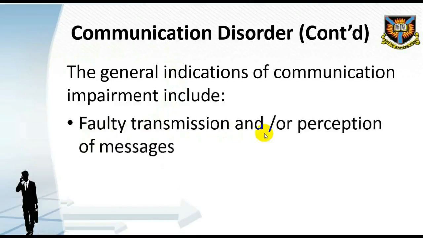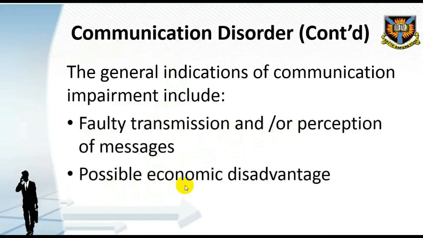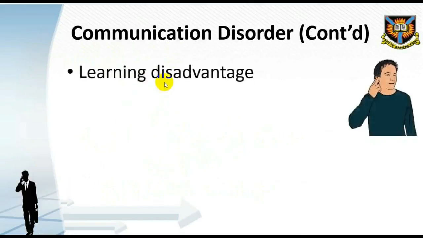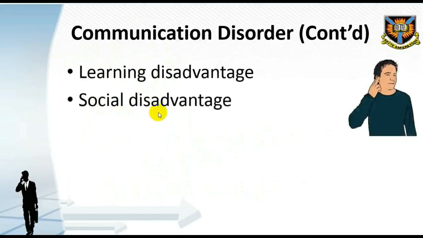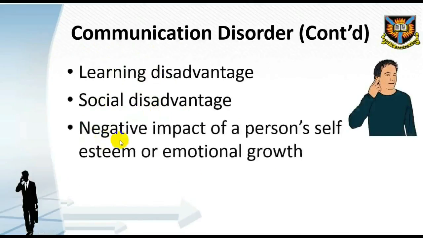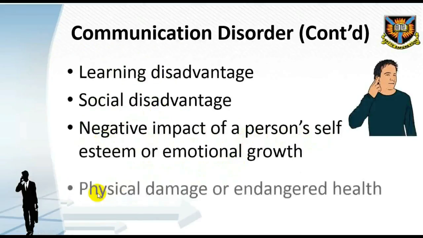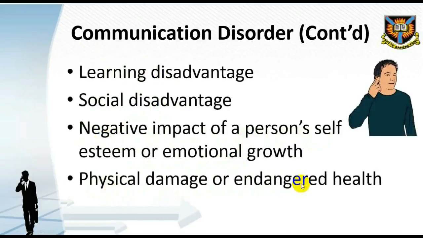Faulty transmission and/or perception of messages. 2. Possible economic disadvantage. 3. Learning disadvantage. 4. Social disadvantage. 5. Negative impact on a person's self-esteem or emotional growth. And 6. Physical damage or endangered health.